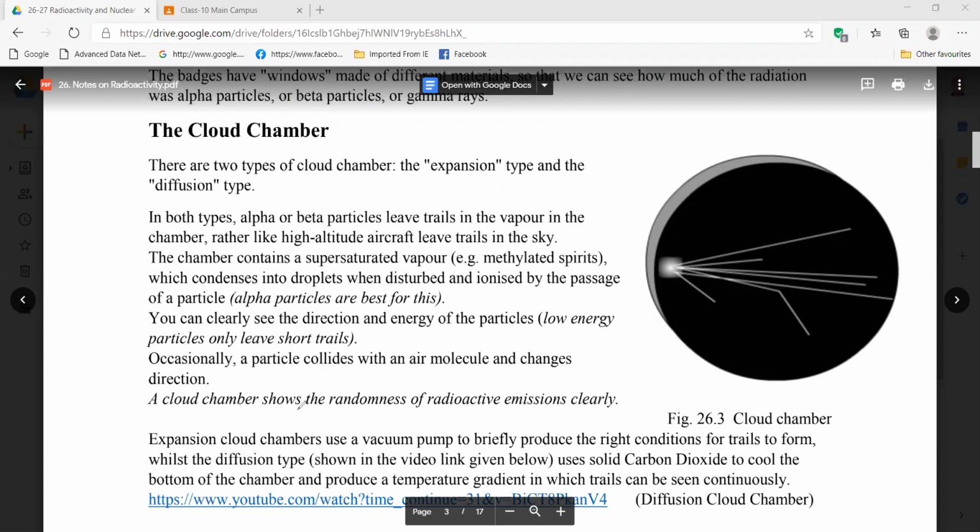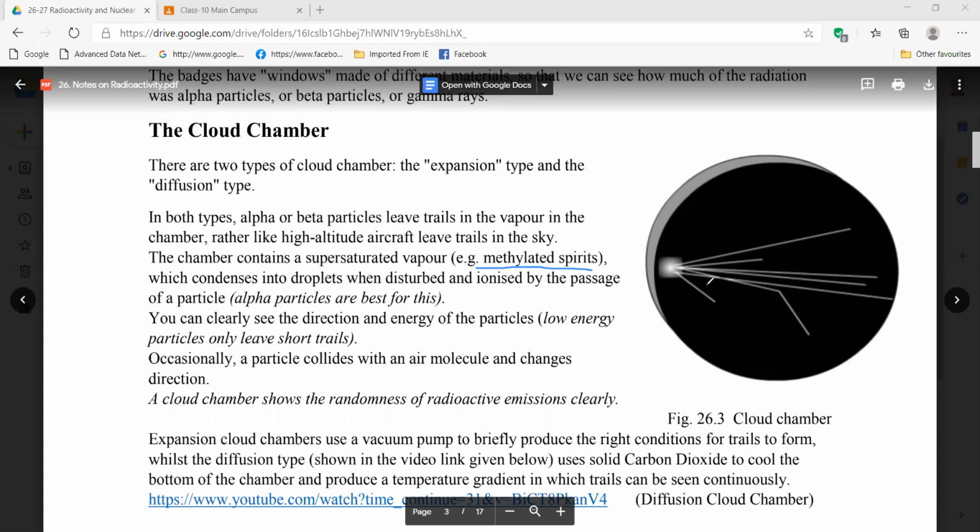So here we have the diffusion cloud chamber and the expansion cloud chamber. In the expansion cloud chamber, we are using methylated spirits and the vapor of it. And when the alpha particles and beta particles are going there, then we are getting these kinds of traces.